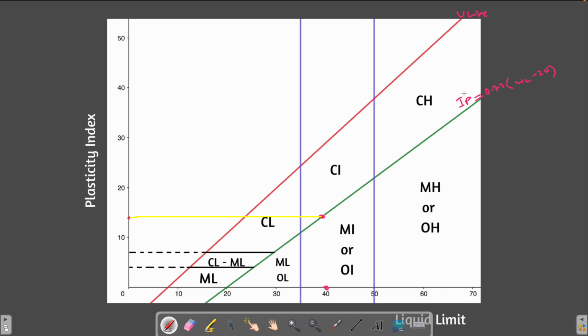We have to put the value of WL, that is liquid limit, as 40 in this equation. So let's do that. IP is equal to 0.73 into, what is 40 minus 20? So it will be 0.73 into 20. Now this calculation is super simple. This is 14.6. So this point over here is 14.6.